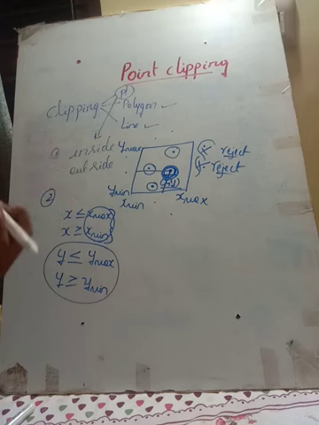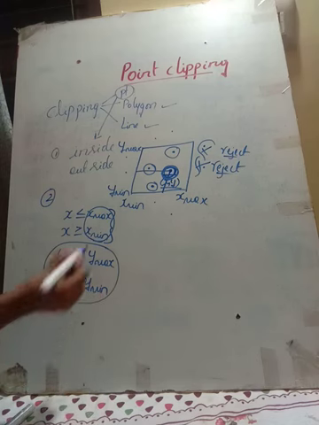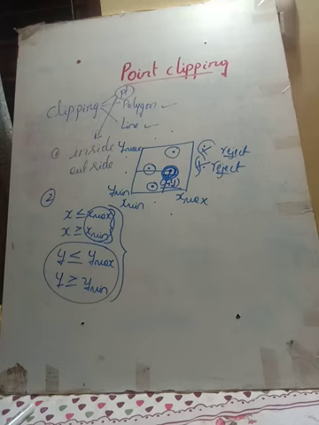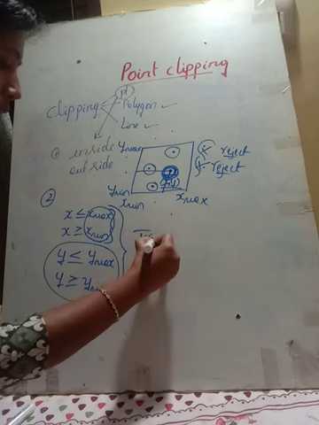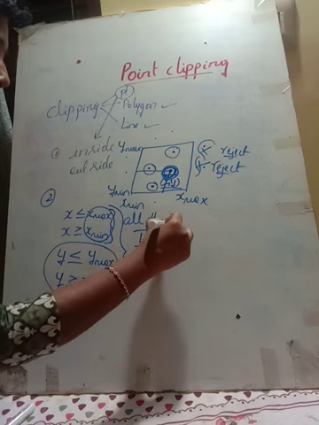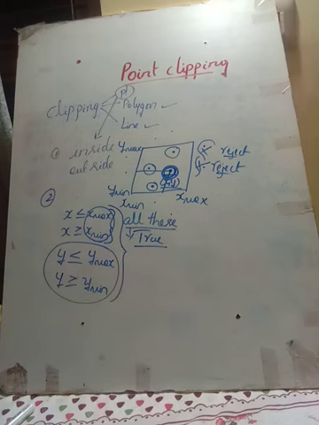If the y value is less than or equal to y max, we must consider, and if the y value is greater than or equal to y min, then we should consider. If you want to consider that particular point, it must satisfy all these conditions. All these conditions must be true.